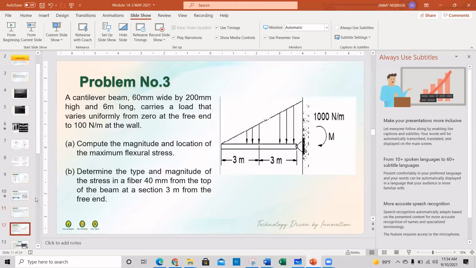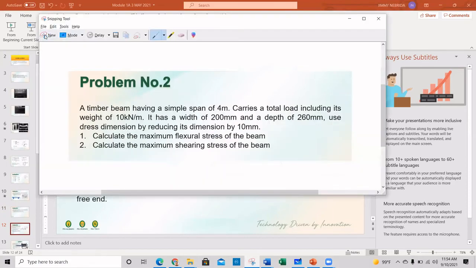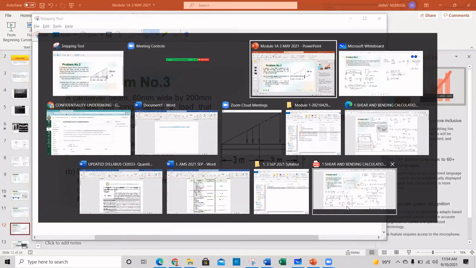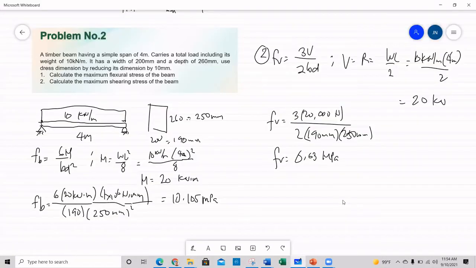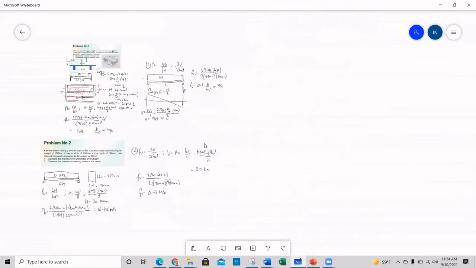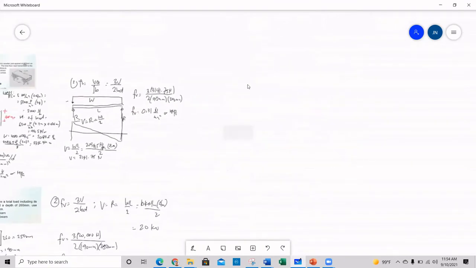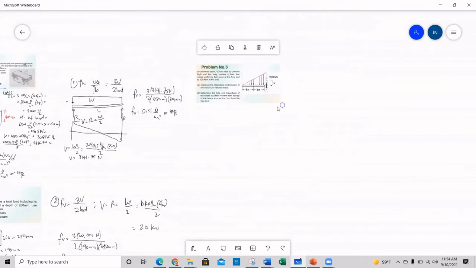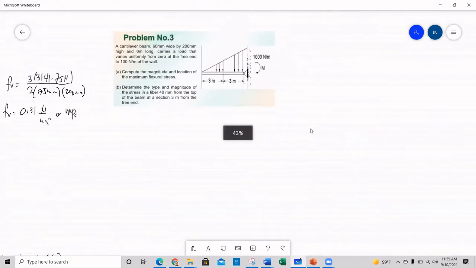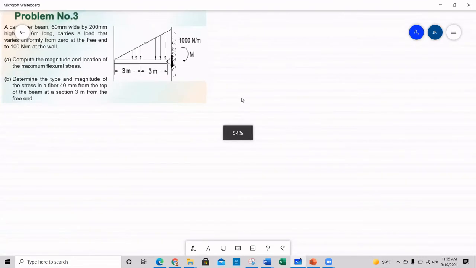Then we have, okay, third question. Now, we will have this triangular load. Let's have this triangular load.